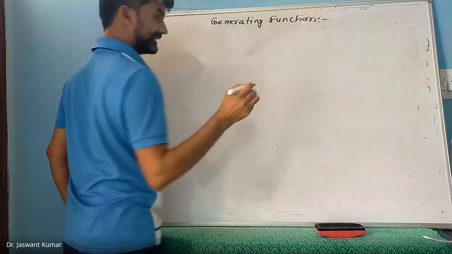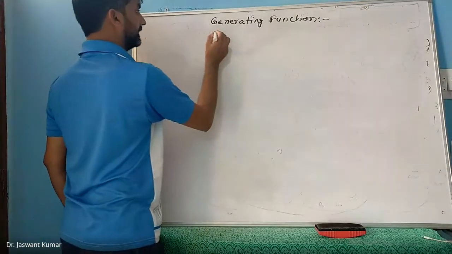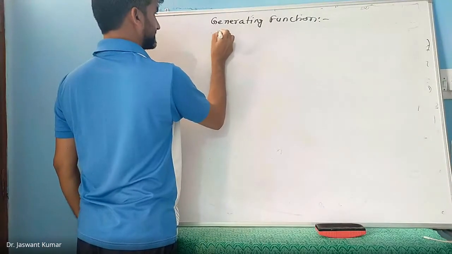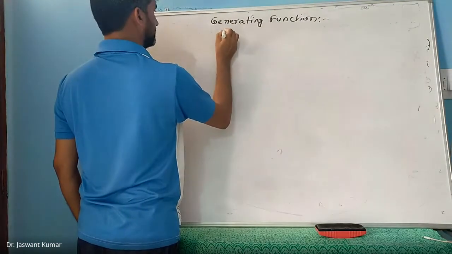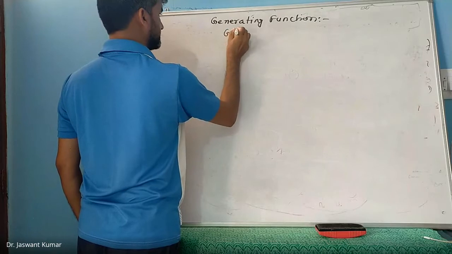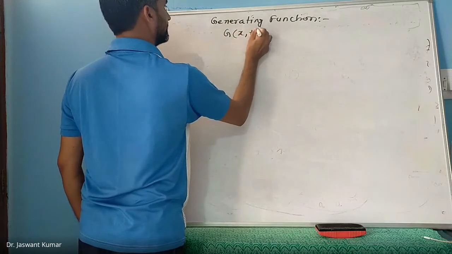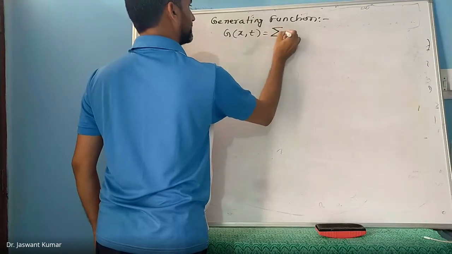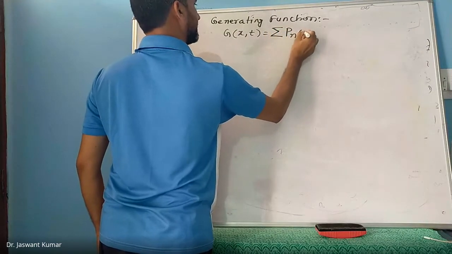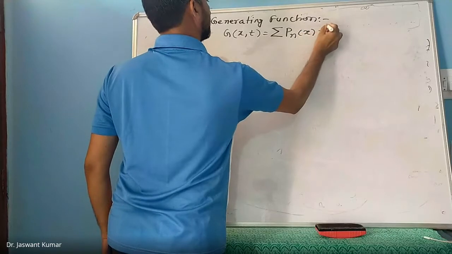The generating function for a polynomial is given by, let us say P_n(x) is the polynomial, then this capital G(x,t) is given by the summation of P_n(x) t^n.